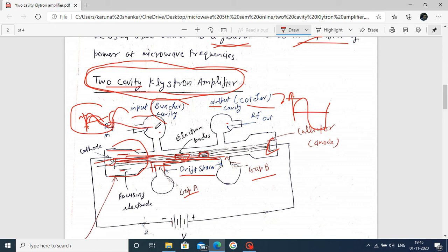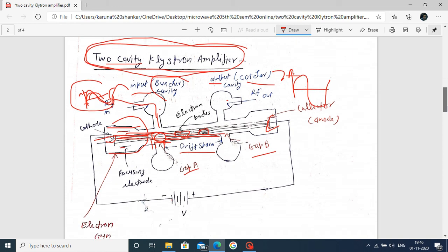This RF input and the electrons interact in this gap. In gap A, there is interaction between your RF input and your electrons. According to the interaction between the RF input voltage and the electrons, the electron bunch is formed in this drift space.